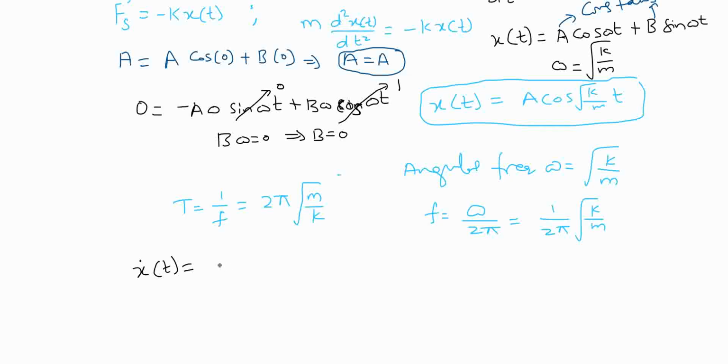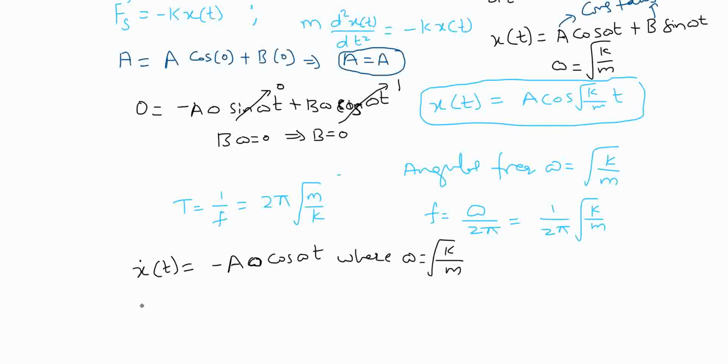When we differentiate, we get minus A omega sin omega t. You can substitute omega equal to under root k by m.